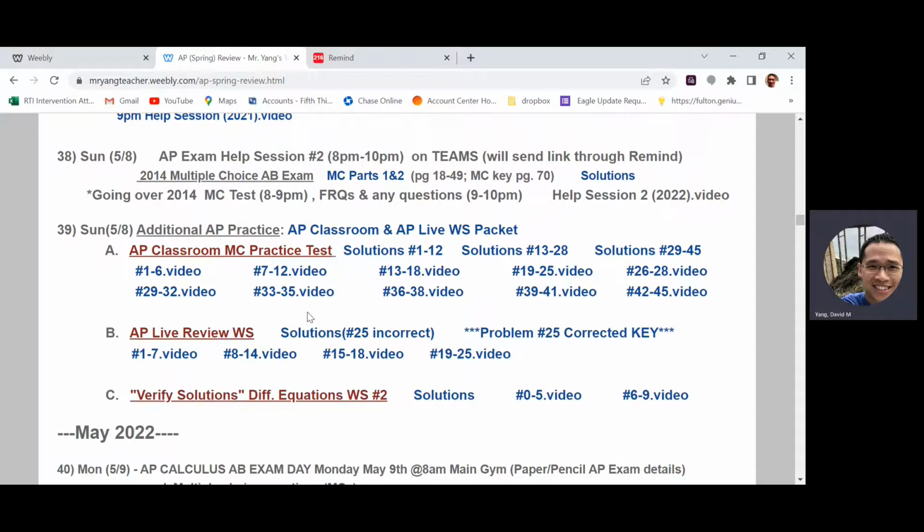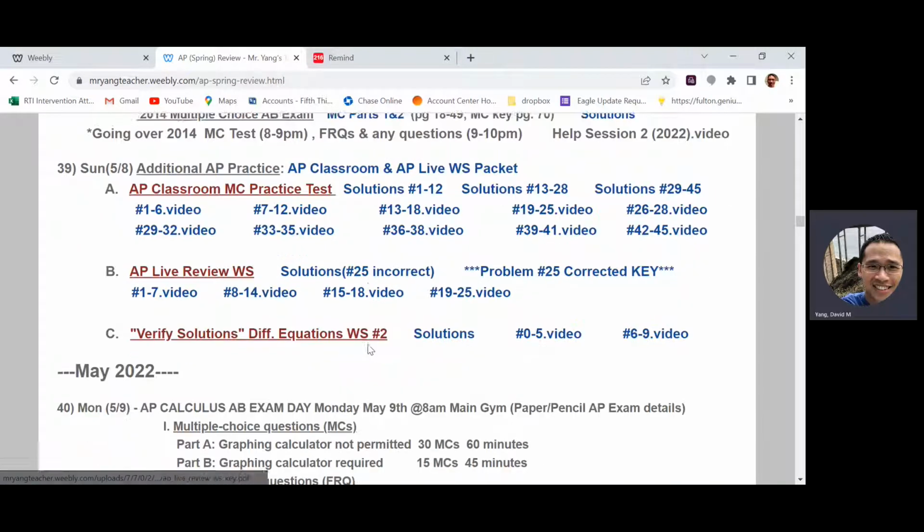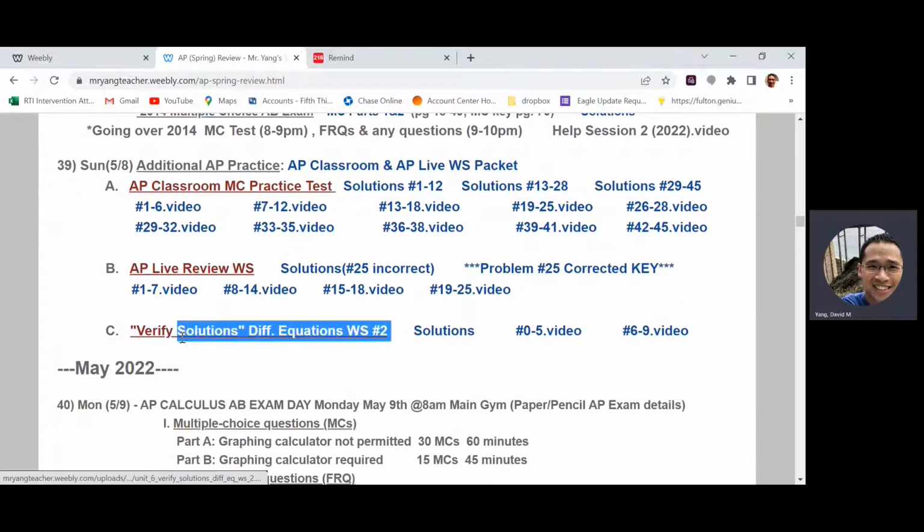And then verifying differential equations. These are problems about solving differential equations, but from a different perspective, and it's nice to look through. I didn't really go over it in class, but it's nice to look at it and see if that makes sense. They've shown up before on the AP exam.